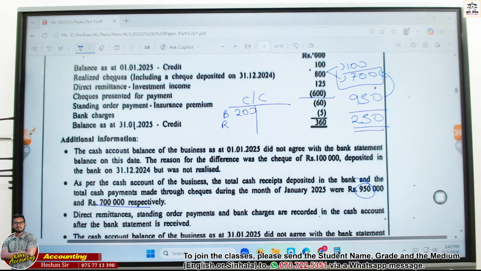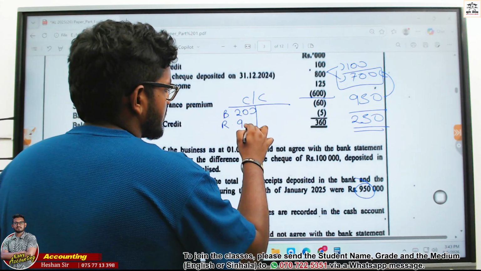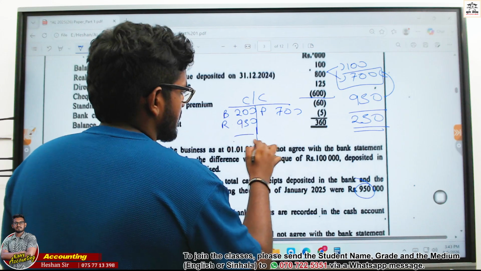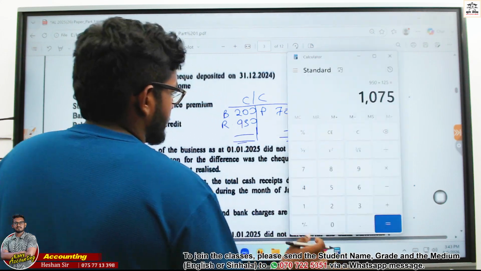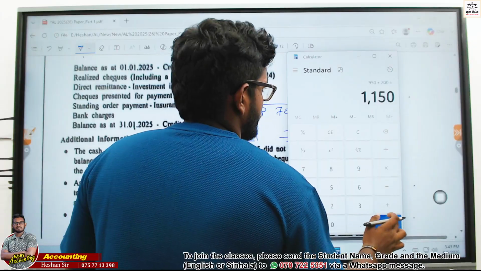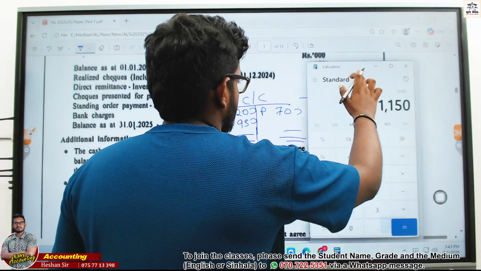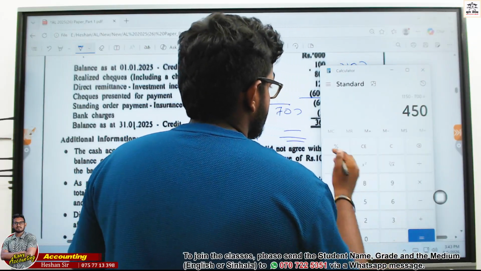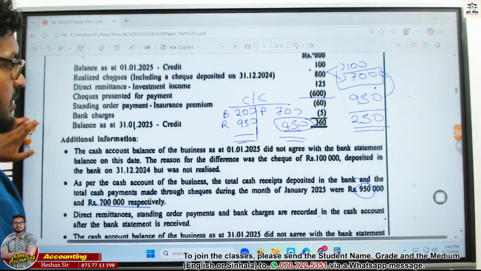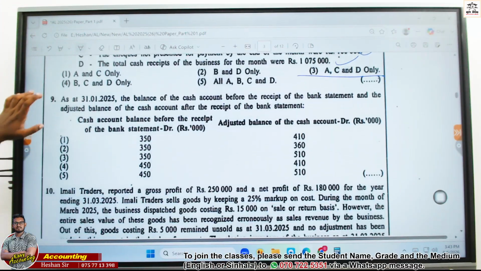Receipts are 950, payments 700. So you can see 950 plus 200 minus 700, that is 450 is the balance, right? Before adjusting, the balance was 450.